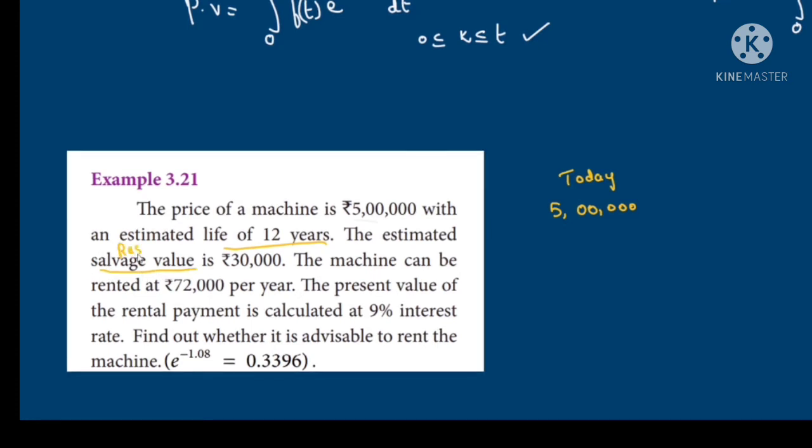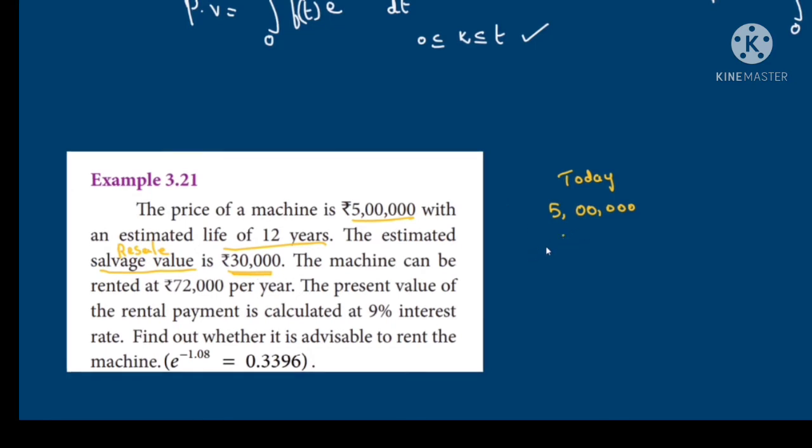So after 12 years, if you sell it, you will get 30,000 rupees. So if you spent 5 lakhs, after 12 years you can get back 30,000. So the amount that you're going to spend is only 5 lakhs minus 30,000, because anyway you're going to get the 30,000 back.